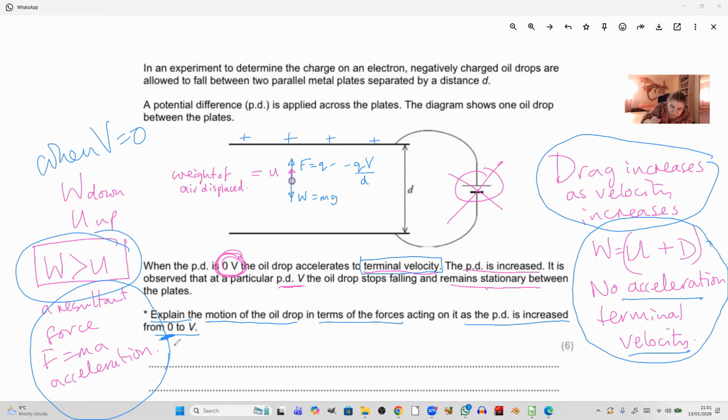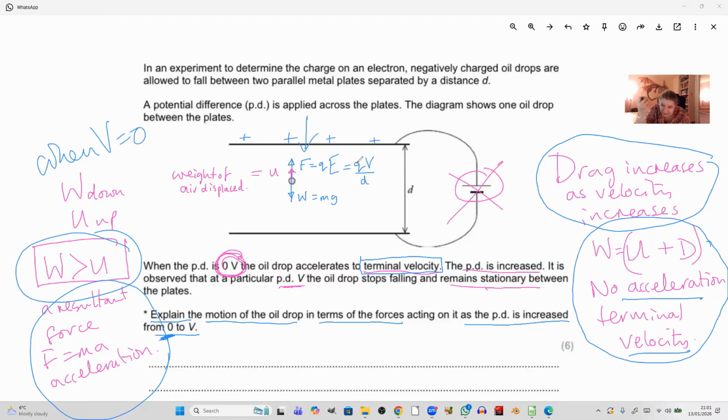But you must also put into your answer what happens as you increase V. If you increase V, then you increase the upward force that is caused by the electric field. And you really need to make sure that you've included your equations.